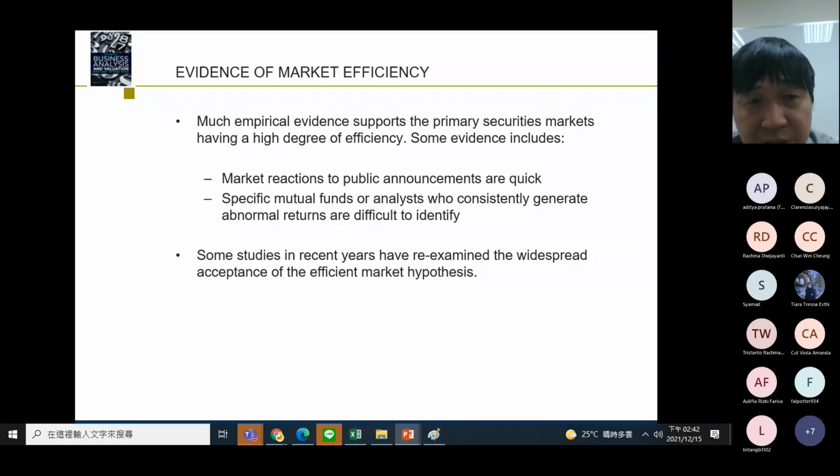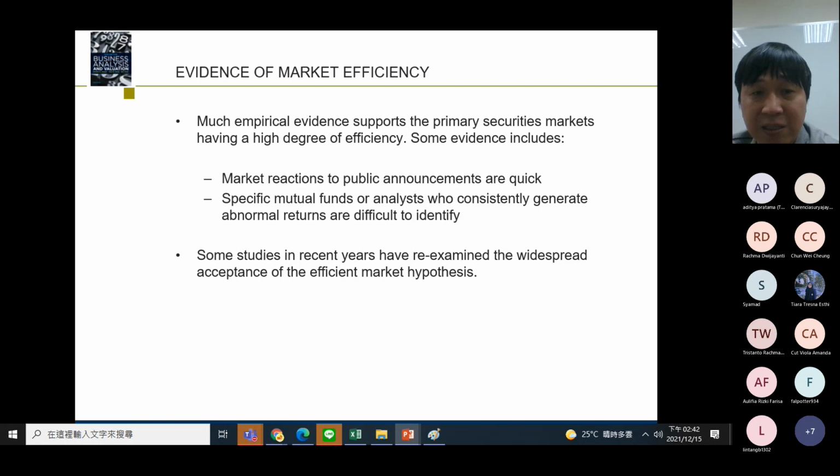Some evidence includes that market reactions to public announcements are quick. Specific mutual funds or analysts who consistently generate abnormal returns are difficult to identify.